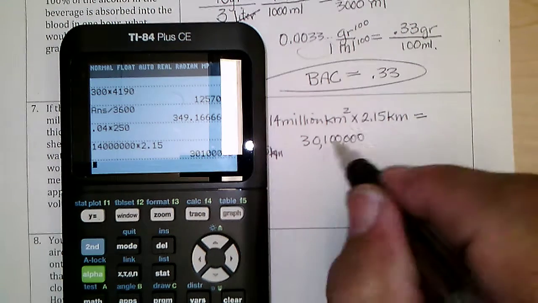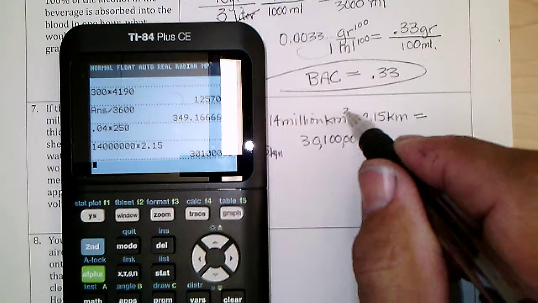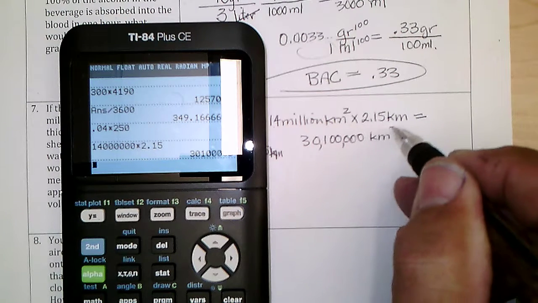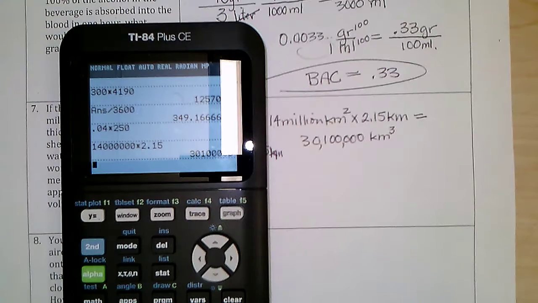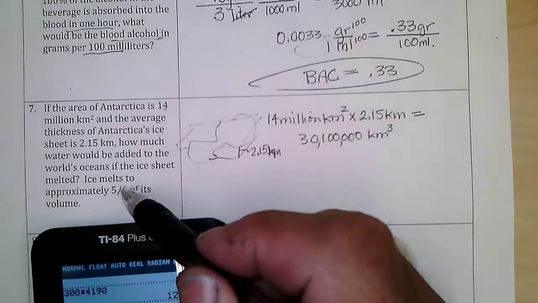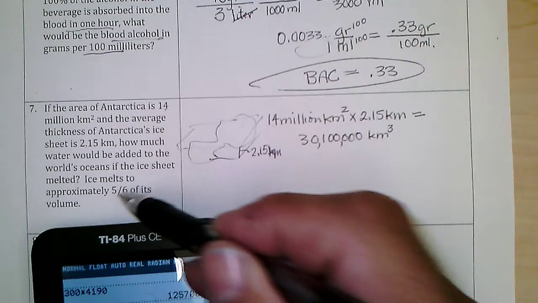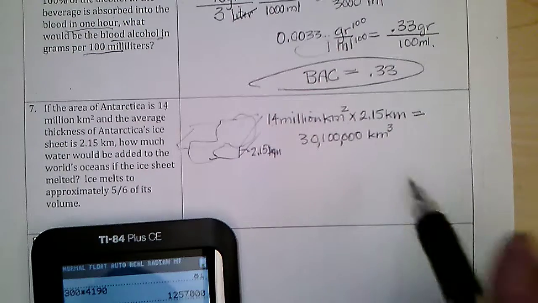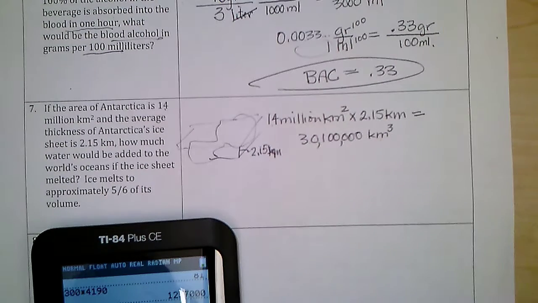So we get 30 million kilometers times kilometers times kilometers, kilometers cubed. Now that's how much ice it is. But when ice melts, it becomes 5/6 of what it really was. It actually shrinks. There's not that much volume of water.